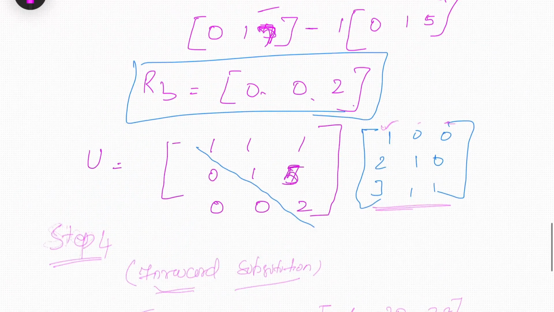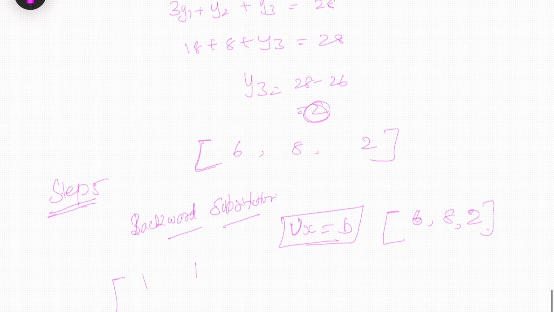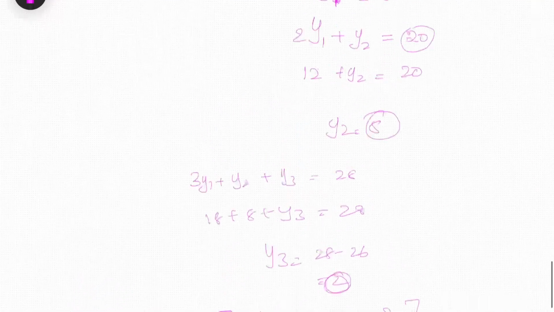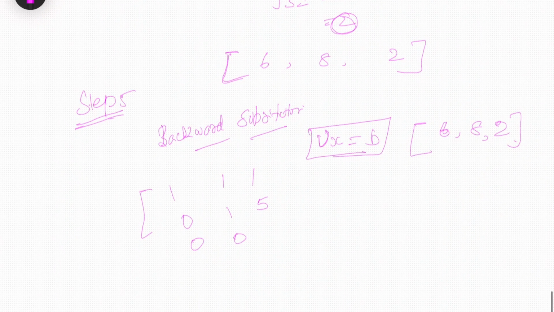So the updated R3 will be 0 minus 0, 0; 1 minus 1, 0 again; and 7 minus 5, 7 minus 5 is 2. So R3 is this.